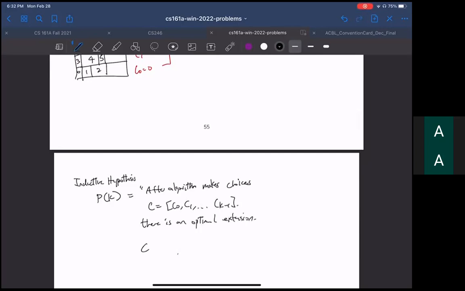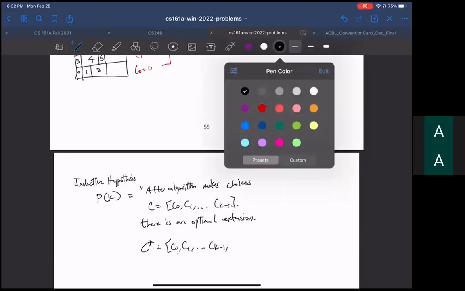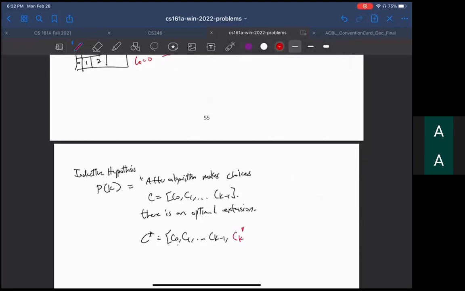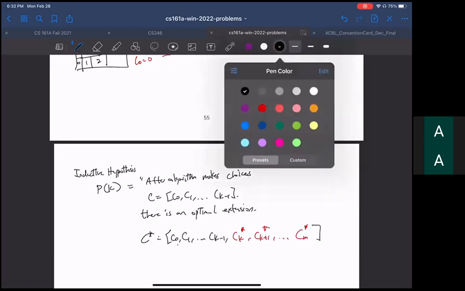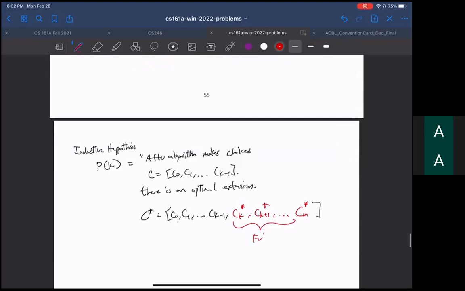Okay, so what is the extension? The extension means you can take C0 through CK minus 1, and then we're going to add a bunch of other choices. These choices we have not made yet. They're in red. These are future choices to make.